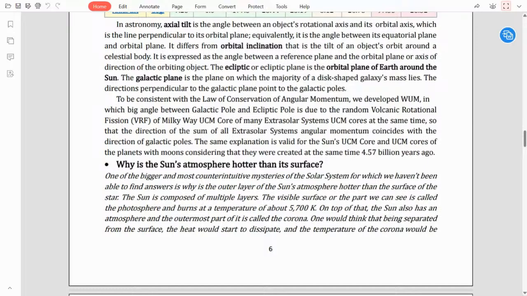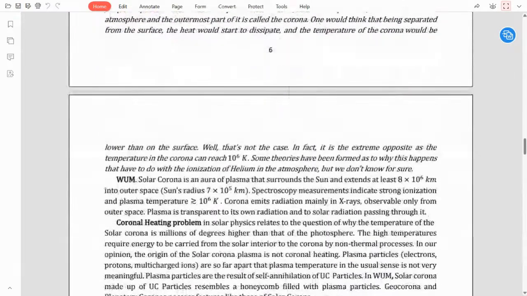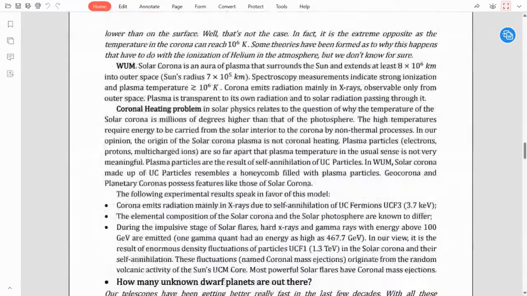On top of that, the Sun also has an atmosphere, and the outermost part of it is called the corona. One would think that, being separated from the surface, the heat would start to dissipate, and the temperature of the corona would be lower than on the surface.